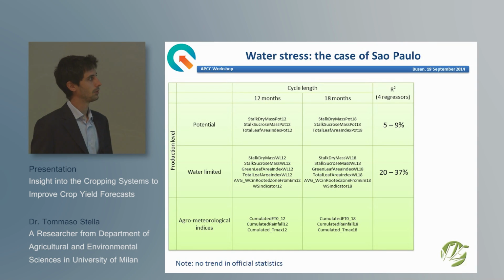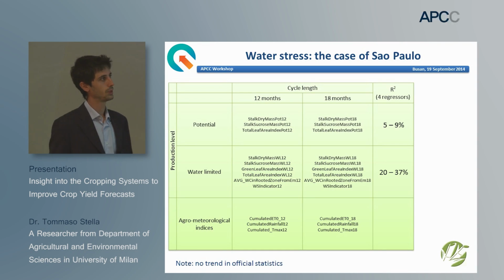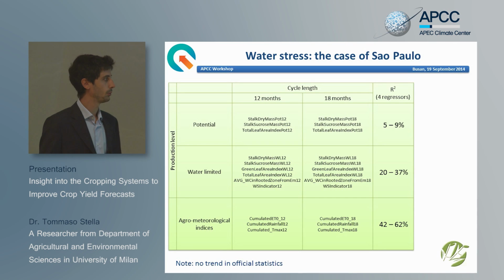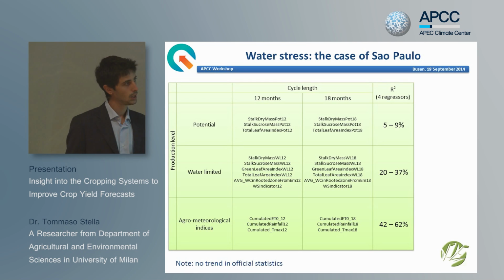Indicators coming from water-limited production could explain a larger amount of interannual variability. But actually, the best indicators were those coming directly from agrometeorological indexes, so no simulation behind this one.